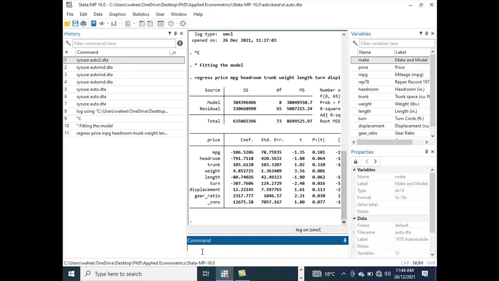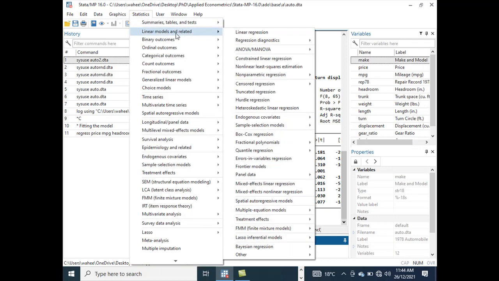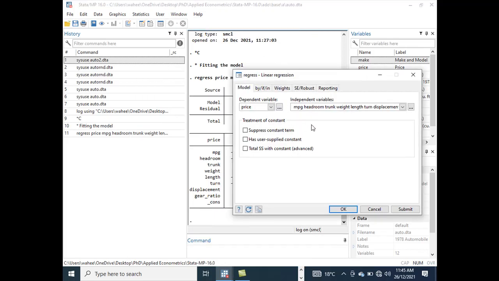Either use the point and click interface: go to statistics, click linear regression, and in this box choose the dependent variable from the list, which in this case is price, and then choose the required independent variables, click OK, and you will get the output.